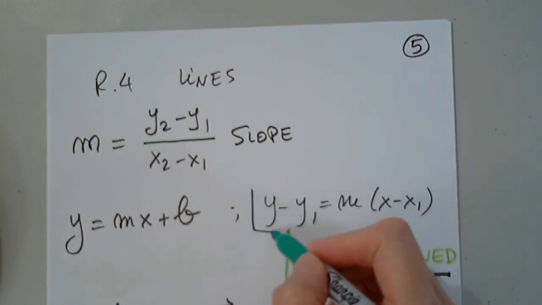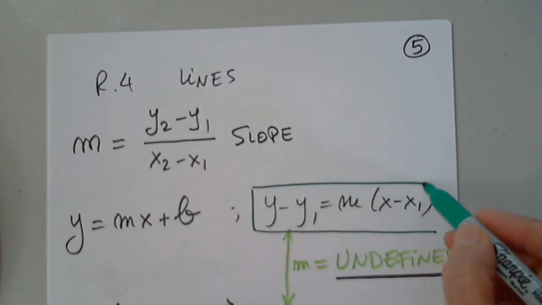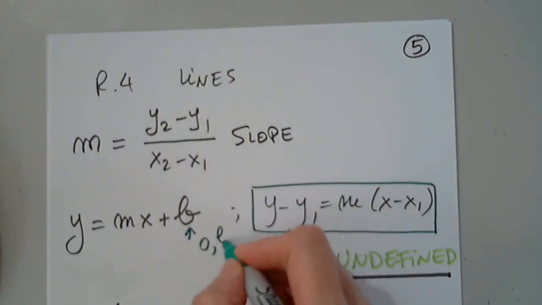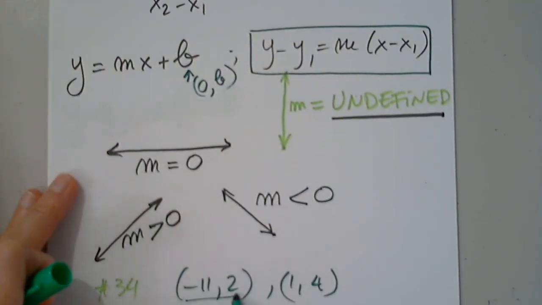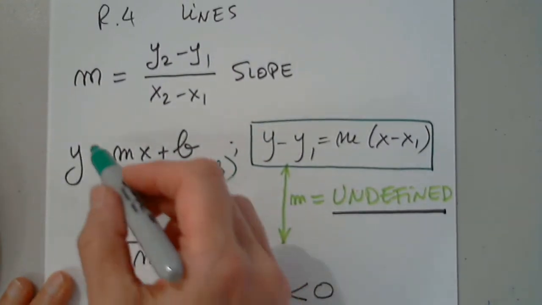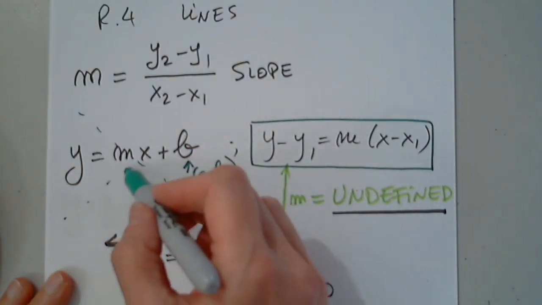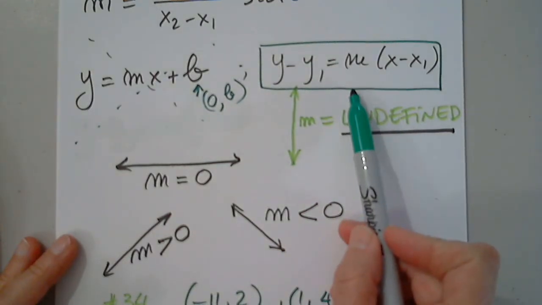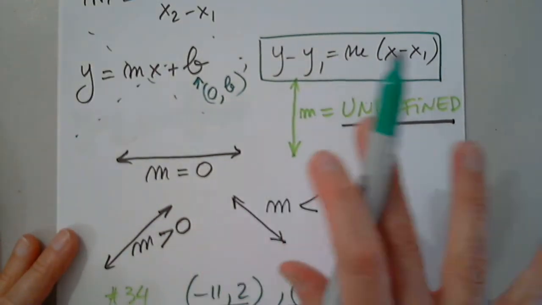Obviously I have to use the point-slope form, because the slope-intercept form needs the point 0, comma a number, and I do not have 0, comma a number. If I have 0, comma a number, I can use y equals mx plus b. Otherwise, I use the point slope form with any of the points, it doesn't matter.